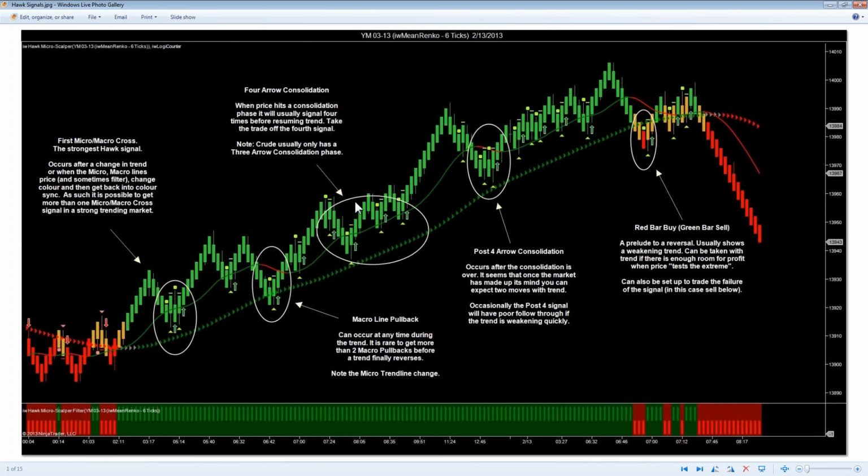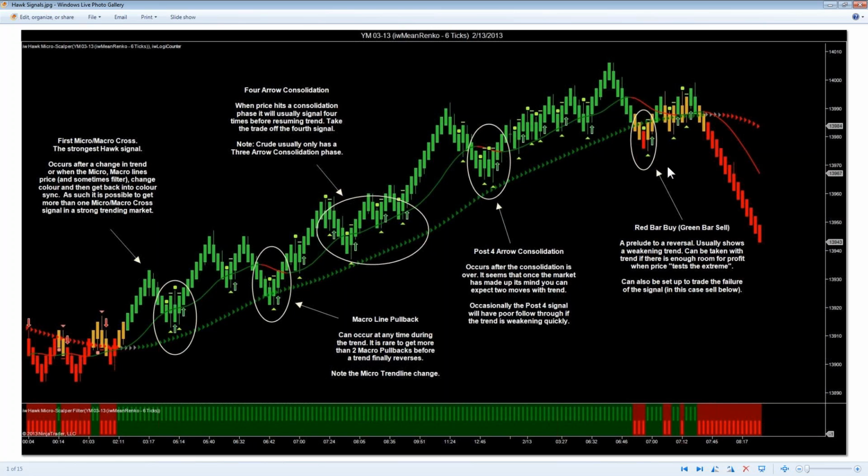So what that means is if I'm trading a market like the NASDAQ or the Dow or the Russell or soybeans or whatever, once I get 3 signals and I have this little bit of sideways consolidation, I'm really focusing on getting that 4th signal because I know if the market's going to recover, it's going to do it on that 4th signal.